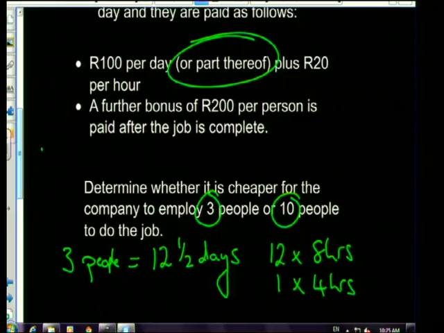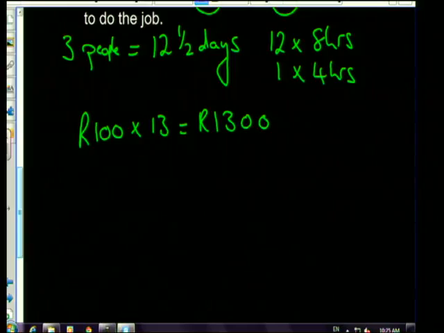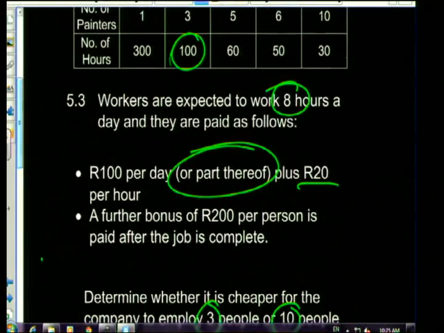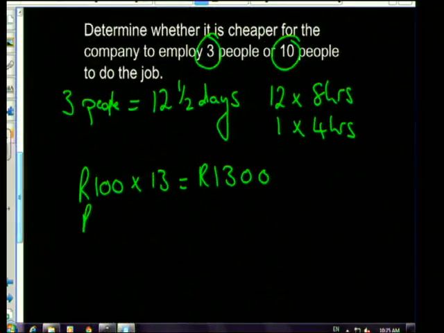So if these 3 people are going to get 100 Rand a day, it's 100 Rand times 13 days, which is going to be 1,300 Rand. Plus, they get 20 Rand per hour. They are each working 100 hours. So each person also gets 20 Rand times the 100 hours, which works out to 2,000 Rand.